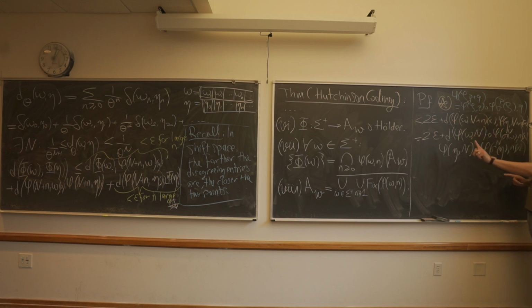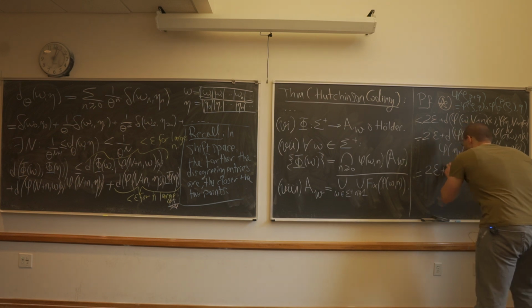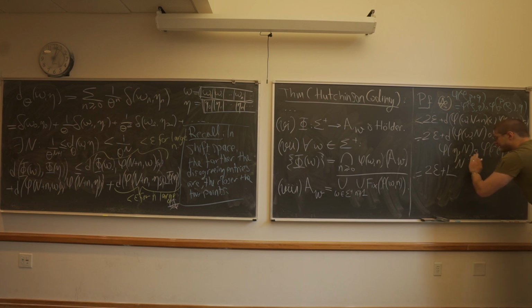Which means that I can pull it out, and I would get a factor that decays. So I would have 2 epsilon plus L to the capital N, because I have n contractions, and then this distance. Let me not write that part. This is just going to be bounded by the diameter of that A tilde set that I was mentioning. It's some number. Okay?